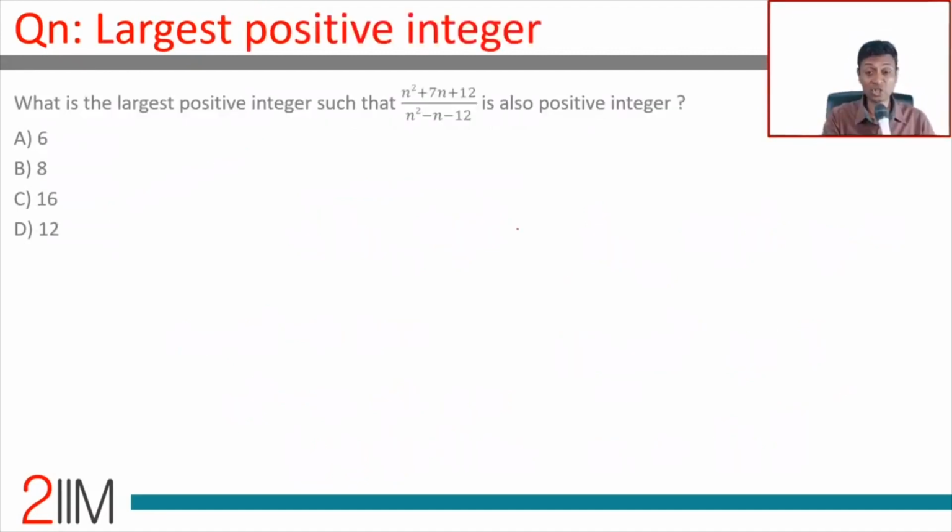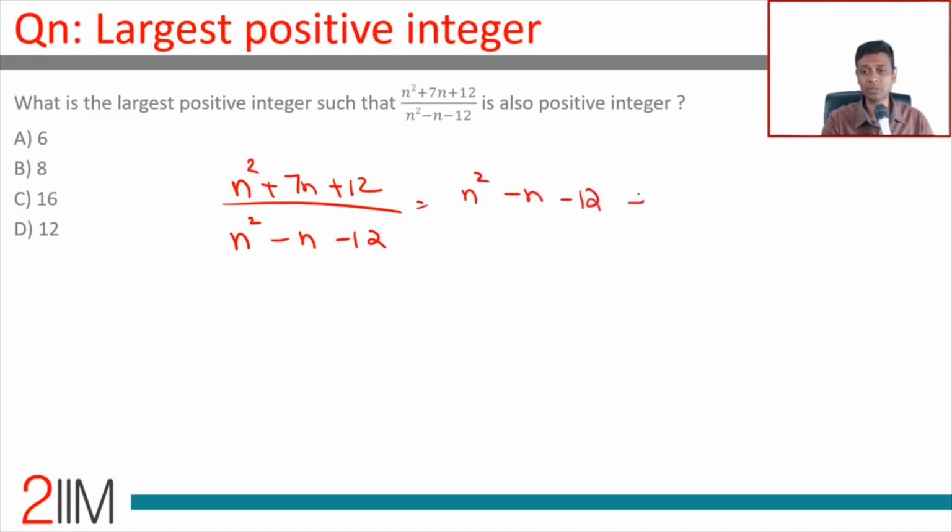What is the largest positive integer n such that (n square plus 7n plus 12) by (n square minus n minus 12) is also a positive integer? It's a delightful question. Anytime you have a quadratic by a quadratic, don't deal with two quadratics, deal with one. How so? Call this as n square minus n minus 12 plus some adjustment term, divided by n square minus n minus 12.